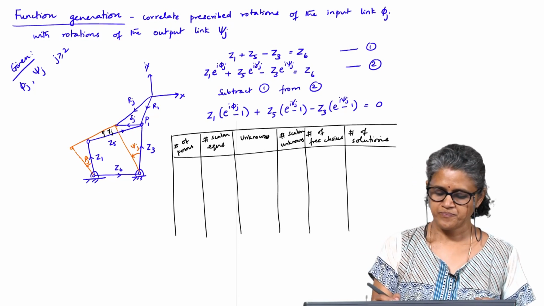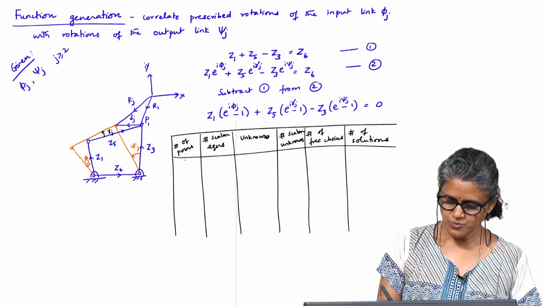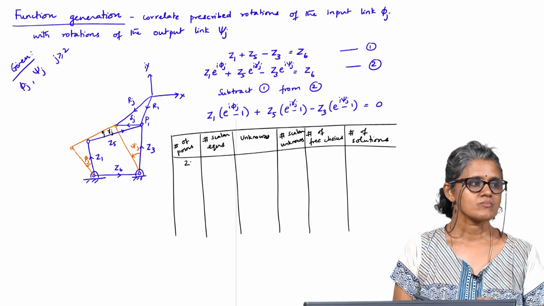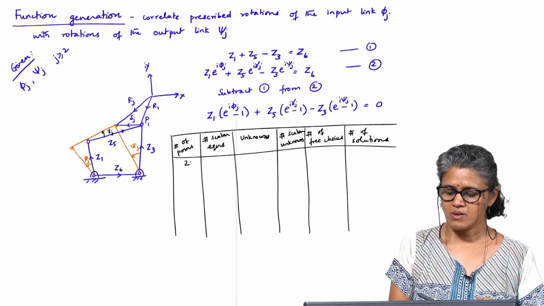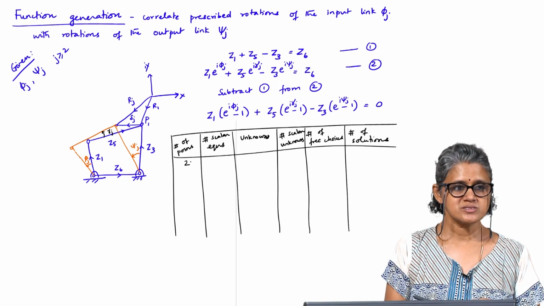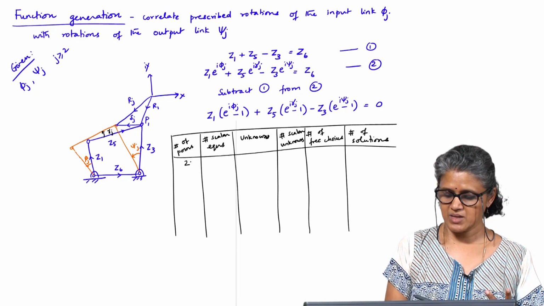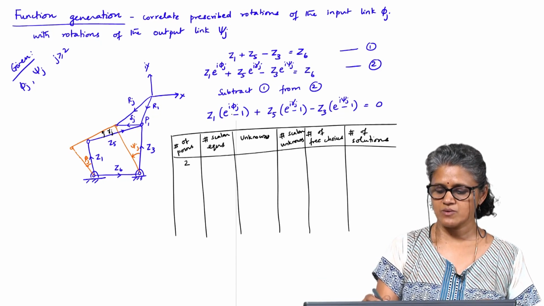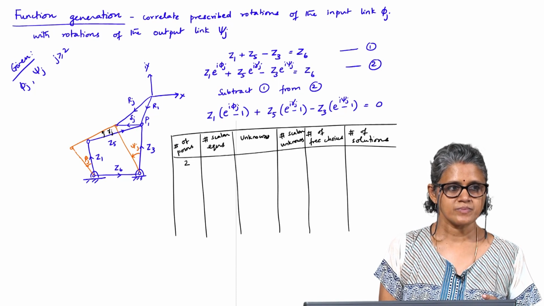Okay. 2 positions. How many equations will I have? I have only 2 scalar equations. Okay. J will be 2.